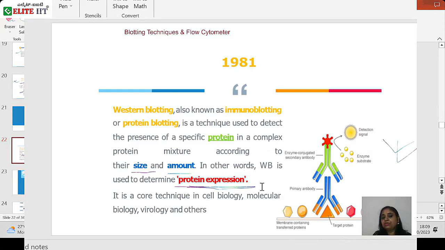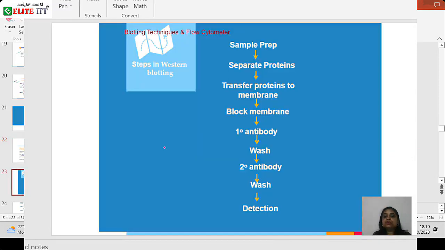If you want the direct method, you just add the label of enzyme or radioactive compound with the primary antibody. That will be direct, so only antigen and primary antibody will be there, with no secondary antibody. Okay, so what are the steps?